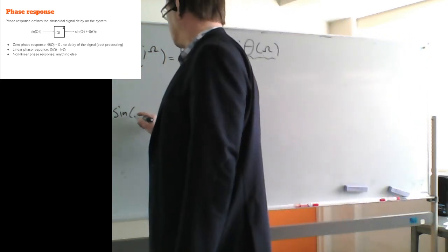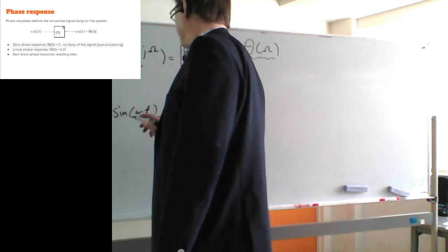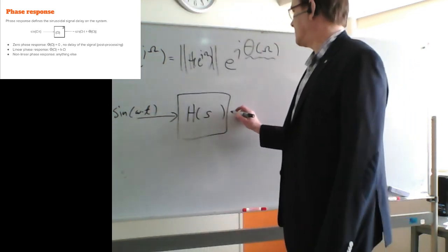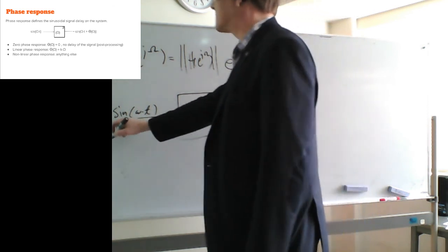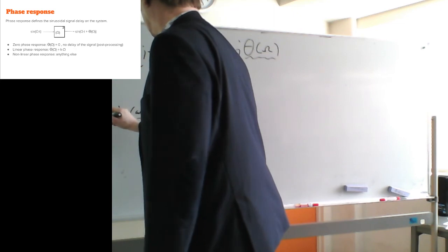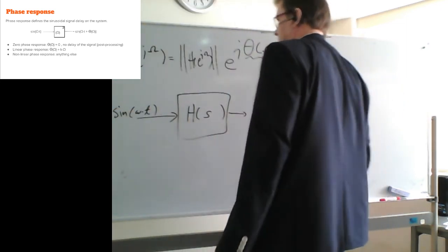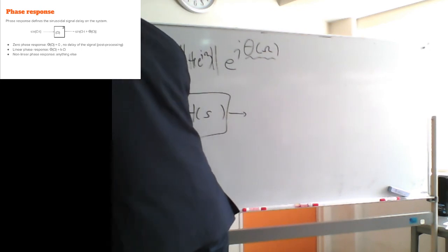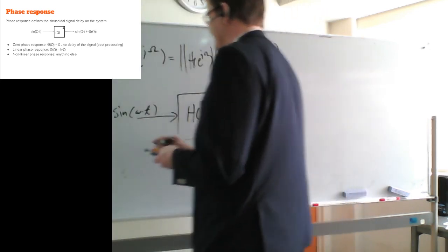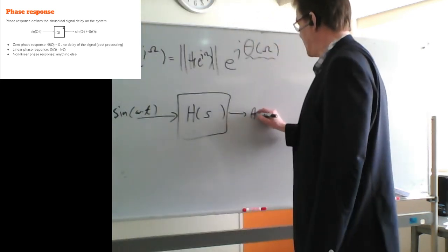If we have a continuous time system, and we actually run a sinusoid signal there with amplitude, wait a minute, let's make the amplitude 1. It's easier that way. Amplitude 1.